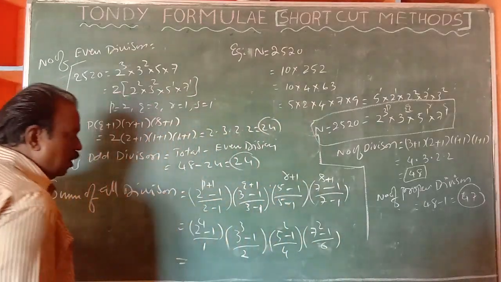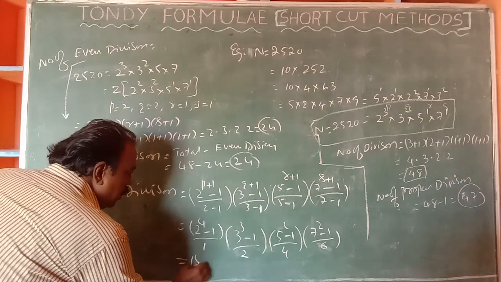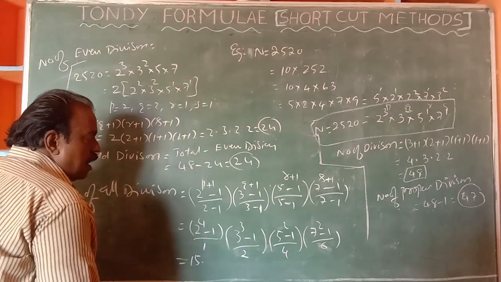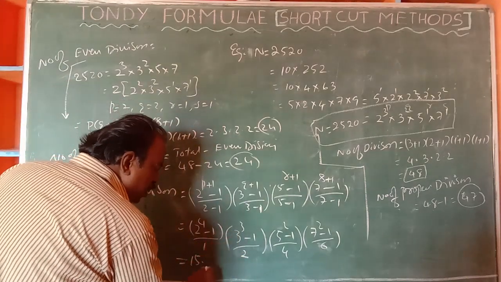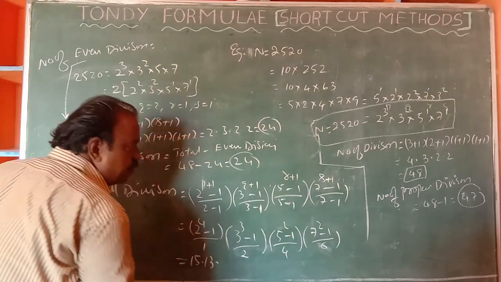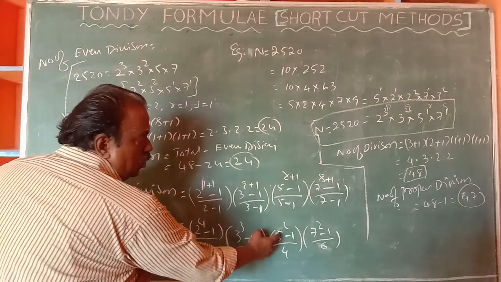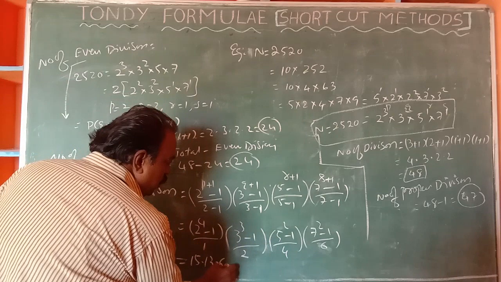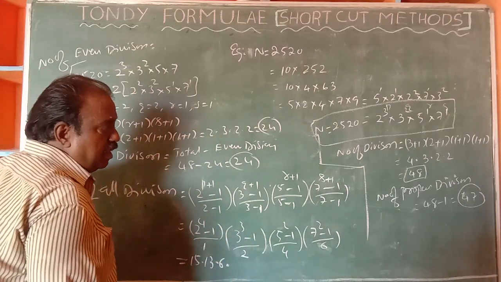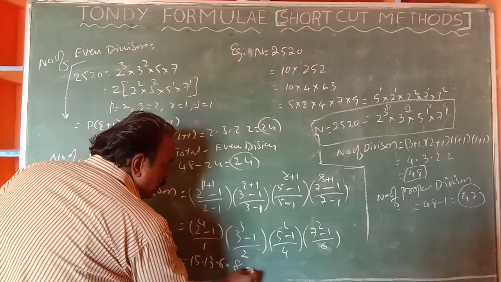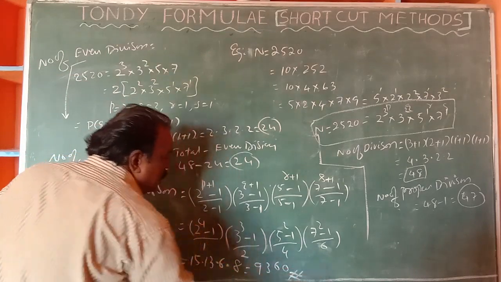You say it is 2 power 4, 16 minus 1 is 15. And 3 cube, 27 minus 1, 26 by 2 is 13. And 5 square is 25 minus 1 is 24 by 4 is 6. 7 square is 49 minus 1, 48 by 6 is 8. Altogether it is 9360, like that it will come.